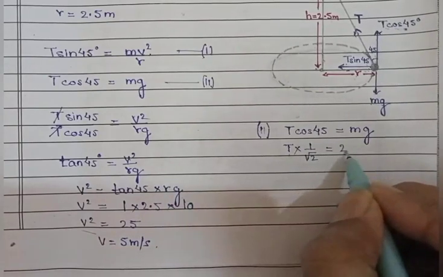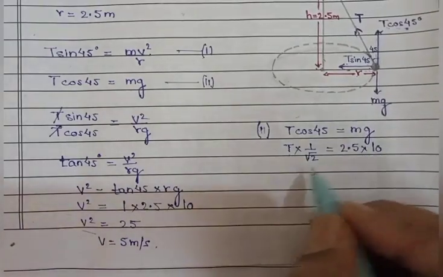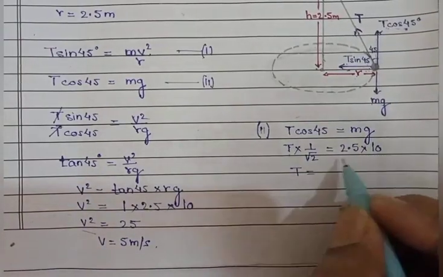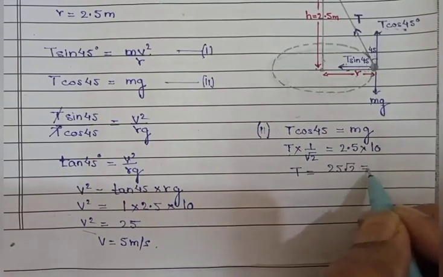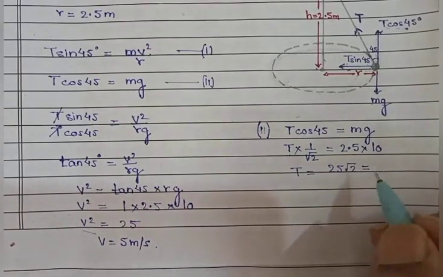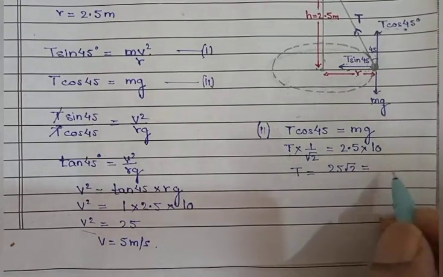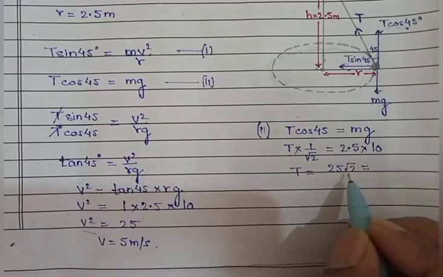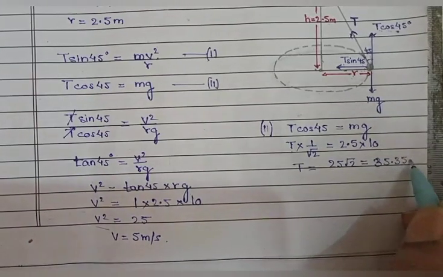Mass is given as 2.5, gravity is given as 10. So T will be equal to 25 root 2. If you simplify this, you will be getting 35.35 Newton.